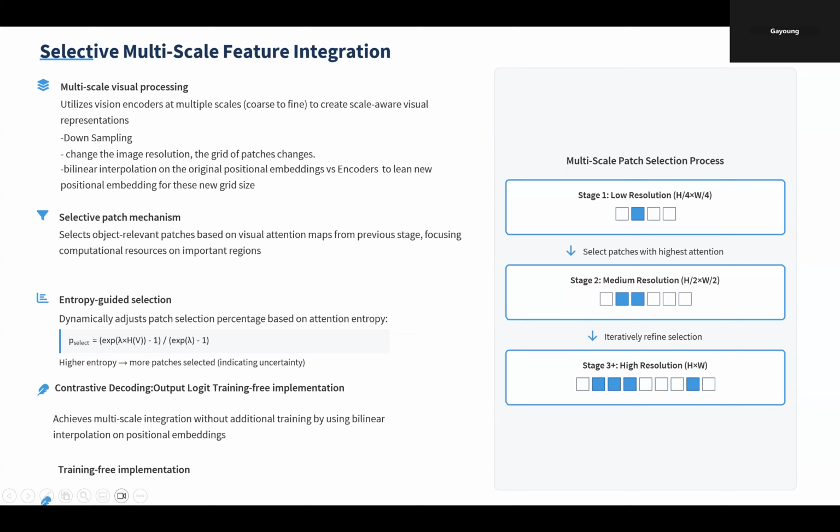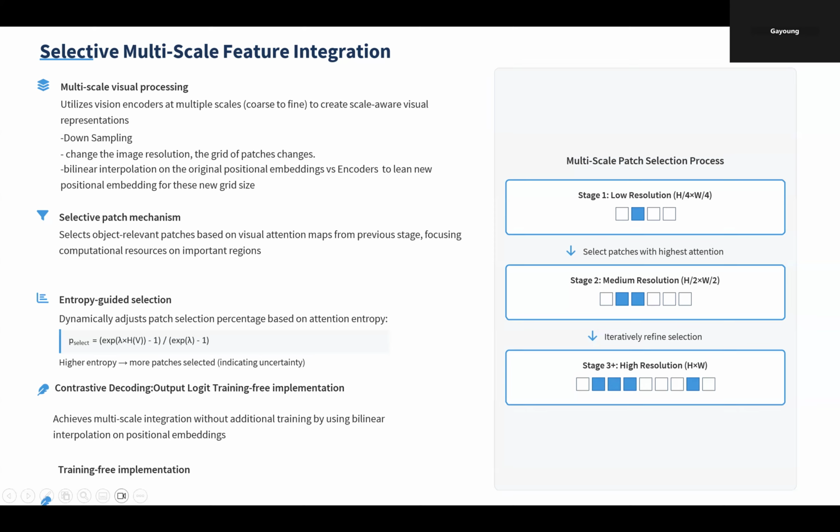When we put the input image into this model, it lowers the resolution of the image. So at the first stage, they see the very low resolution image. And from that, we calculate the attention maps, so we focus on the more important things. For the more important things, we raise the resolution.